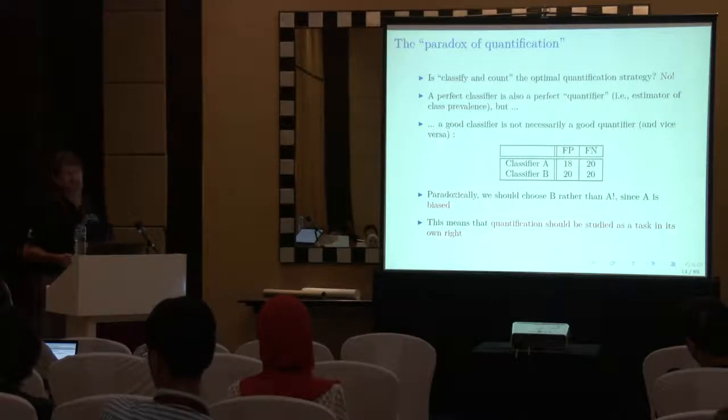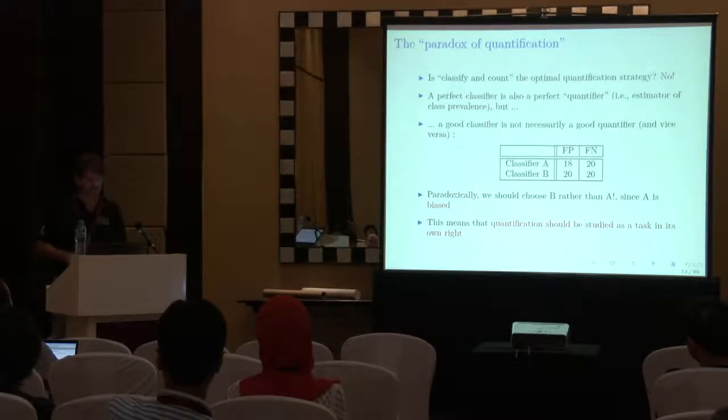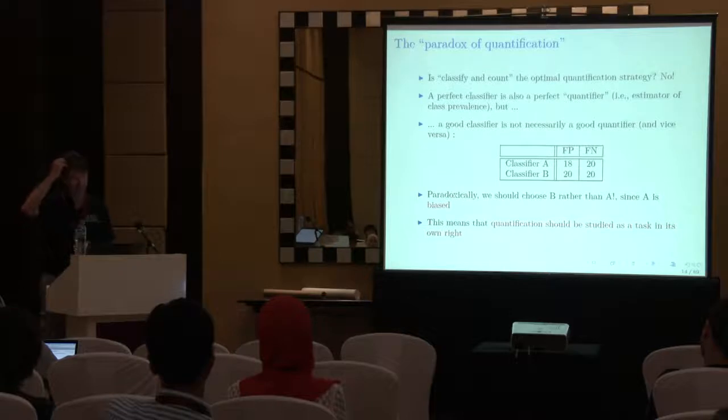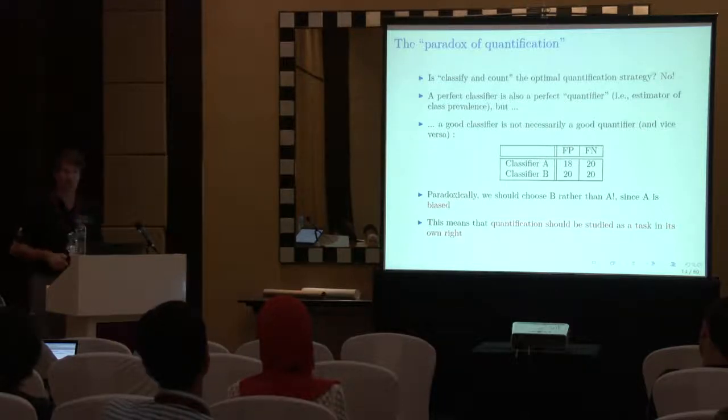We count the ones which have received a positive class, and that's our estimated class prevalence. If we have a perfect classifier, it's also, a fortiori, a perfect quantifier. That's clear. But if we have a good classifier, it's not really clear that this is going to be a good quantifier either.